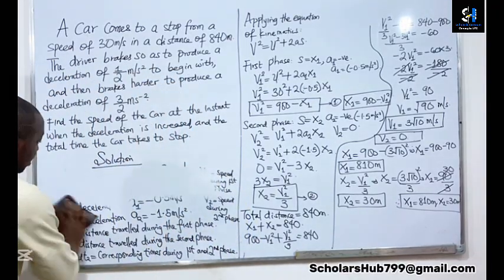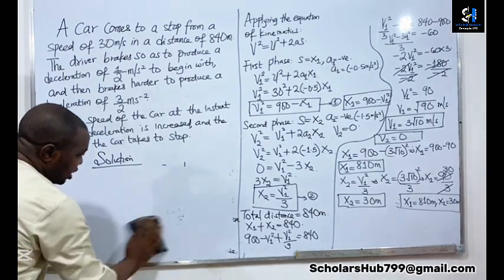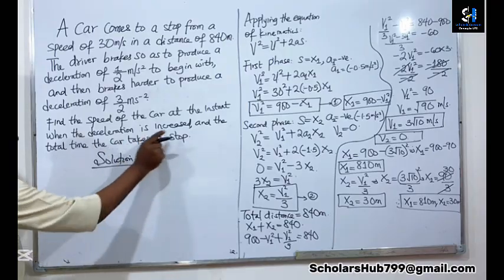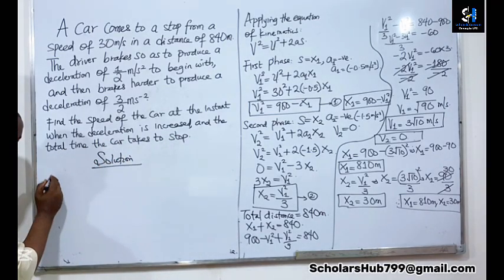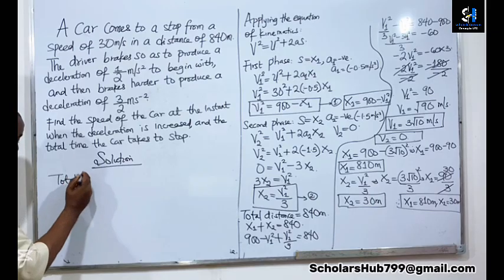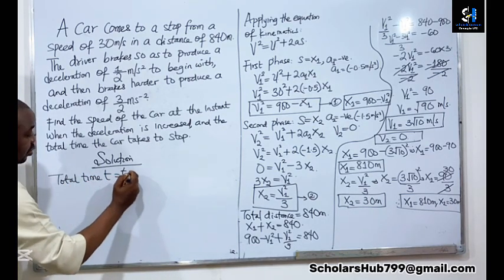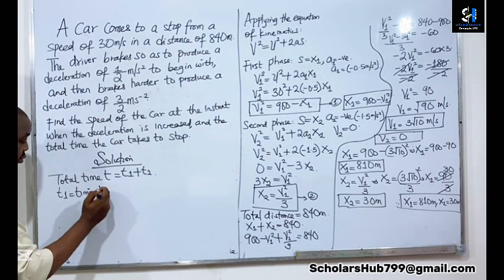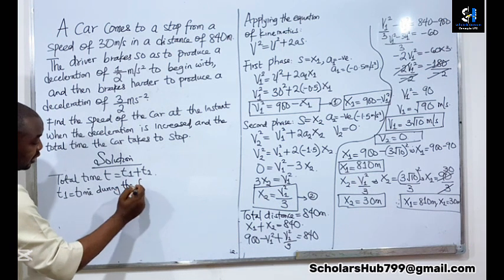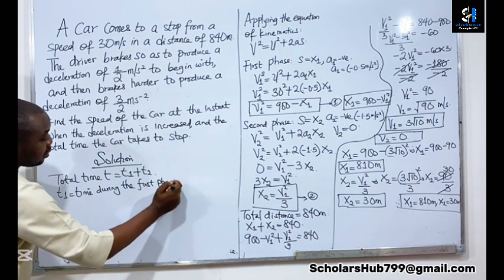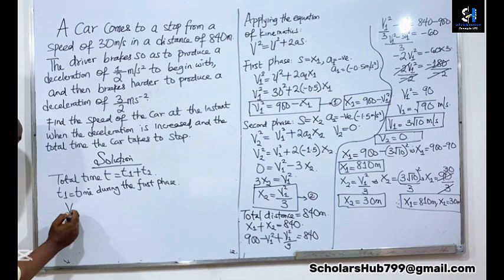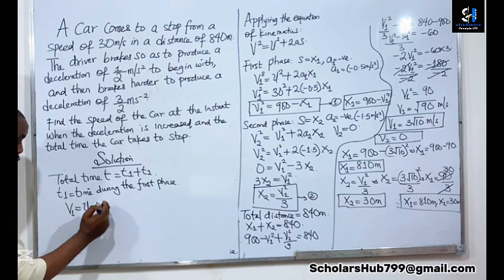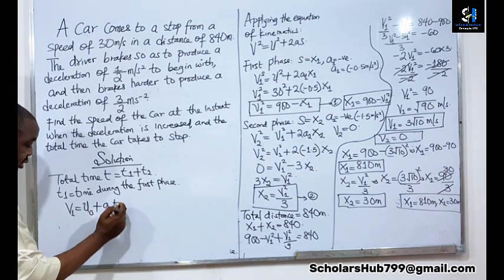Okay, now the next thing to do is calculate the total time the car takes to stop. The total time is t1 plus t2. So t1 is the time during the first phase. Let's use the formula v1 equals u naught plus a1 times t1.